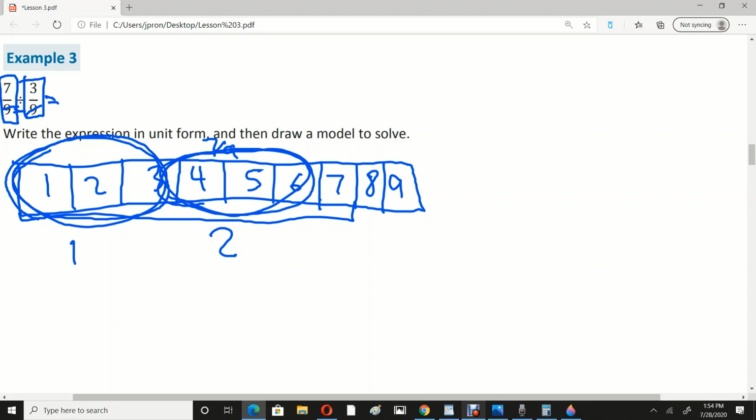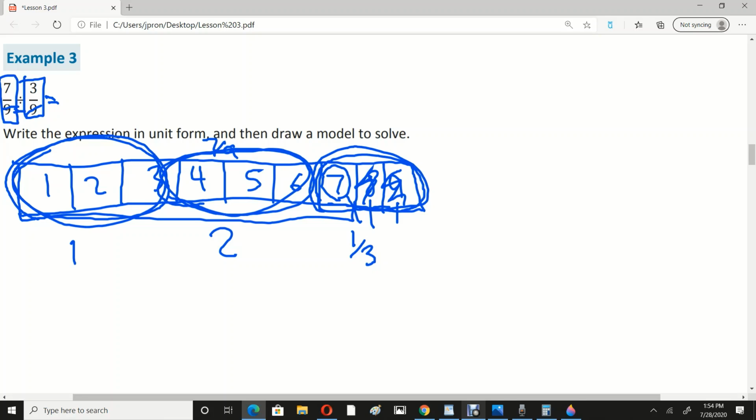Well, here we do have another group of 3 ninths, but remember, these right here aren't part of our dividend, right? 7 ninths is our dividend. So what do we have left over here? We have just one part of this group. One of 1, 2, 3 parts. So we have 1/3 left over.